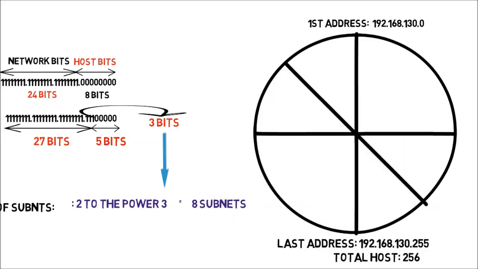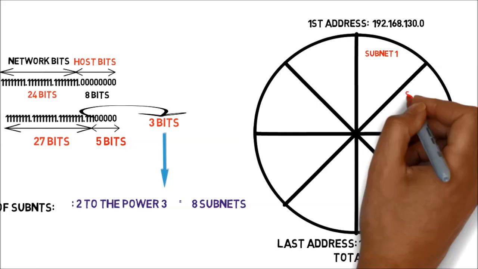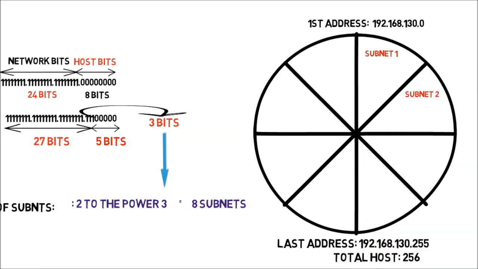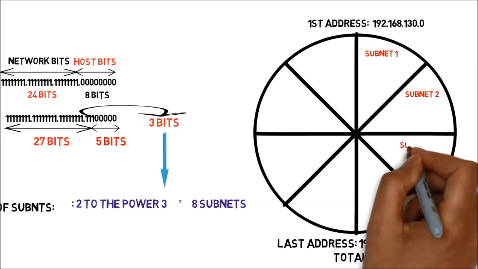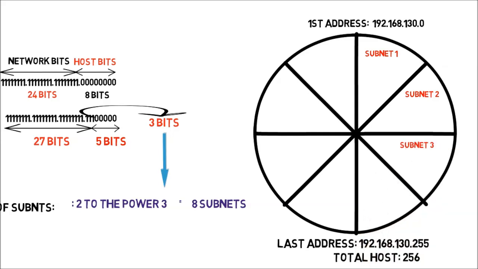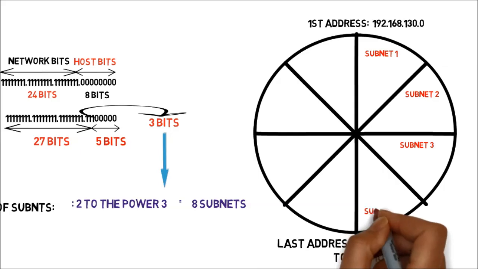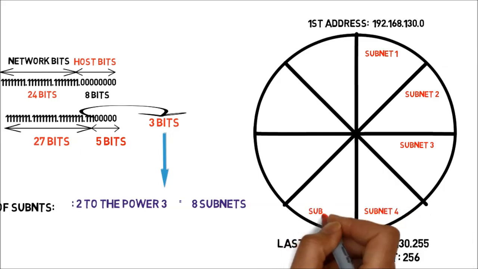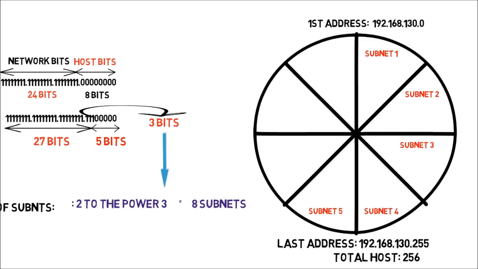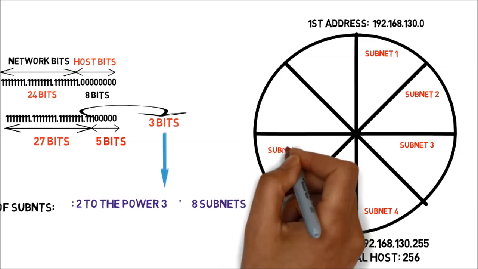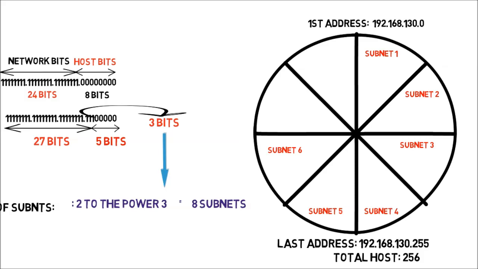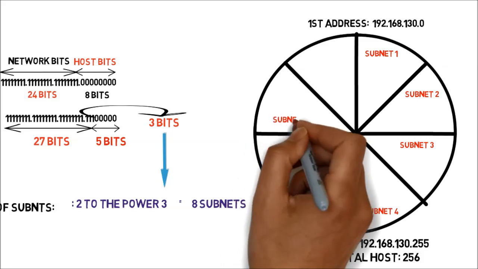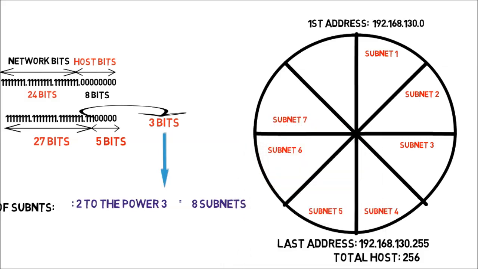That means one class C address is divided into 8 subnets. This is subnet 1, subnet 2, subnet 3, subnet 4, subnet 5, subnet 6, subnet 7, subnet 8.